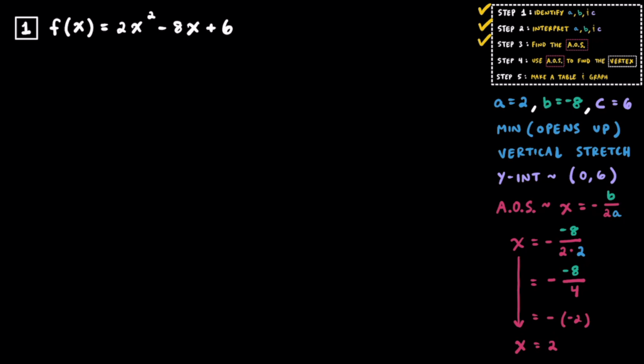So for all parabolas, the vertex is located on the AOS, so the x value is going to match. So we're going to go ahead and substitute the value we just found out for the AOS in for x to solve for y. Go ahead and follow along with me here.